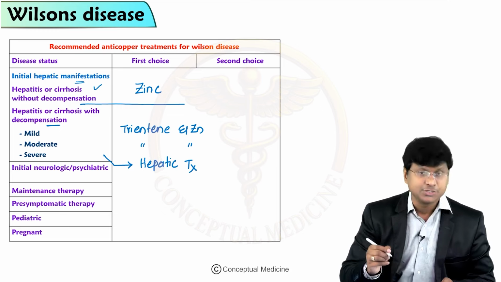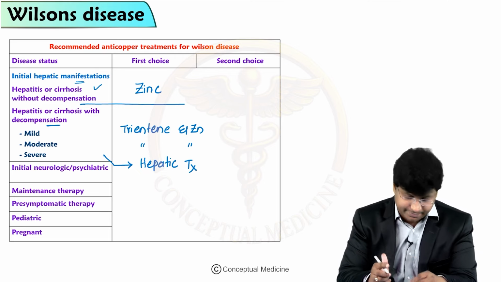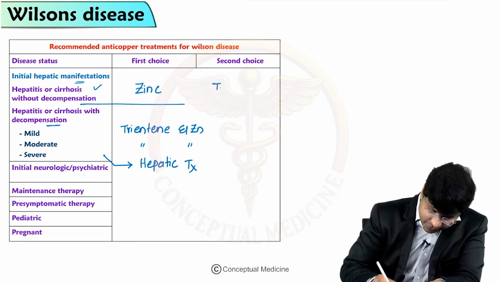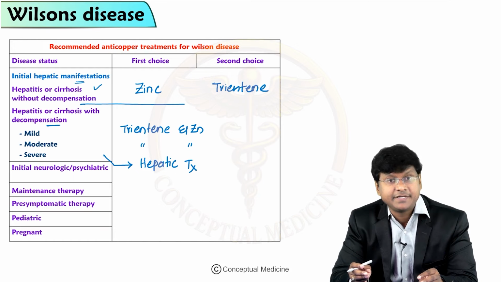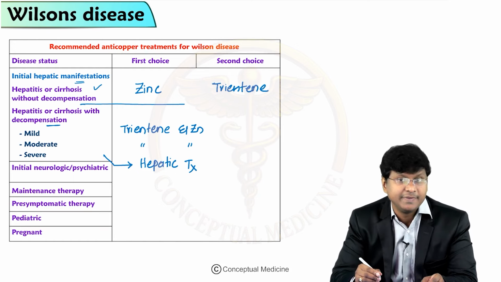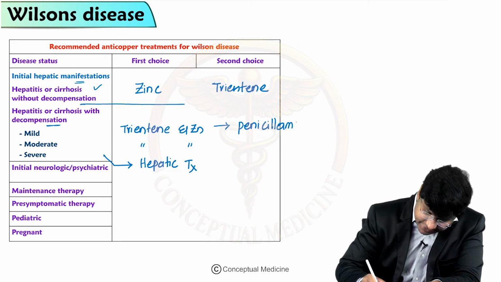Then what will be the second choice? When the individual is having initial hepatic manifestations or hepatitis or cirrhosis without decompensation, the second choice drug will be trientine. Whereas when the individual is having hepatitis or cirrhosis with decompensation, then the second choice drug will be penicillamine and zinc. Right, D-penicillamine and zinc.